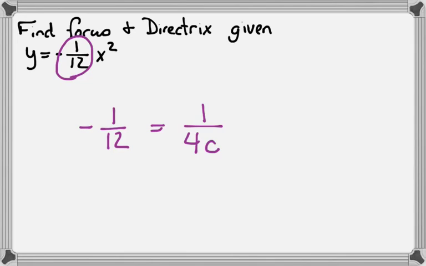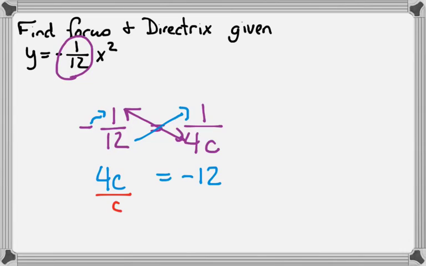When you have this cross product, thinking back to when you were taught cross product in 7th grade, the negative sign is just going to go up with the 1 or go down with the 12. And so we have 4c is equal to negative 12 times 1. Now divide both sides by 4, and we get our c. So c is negative 3.